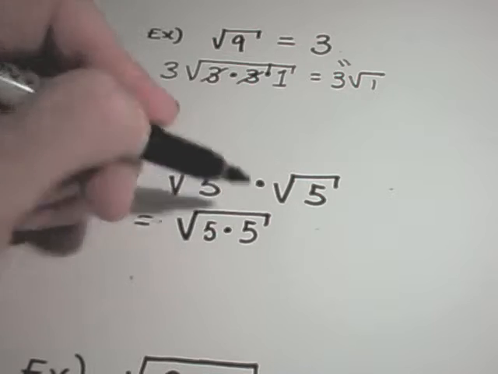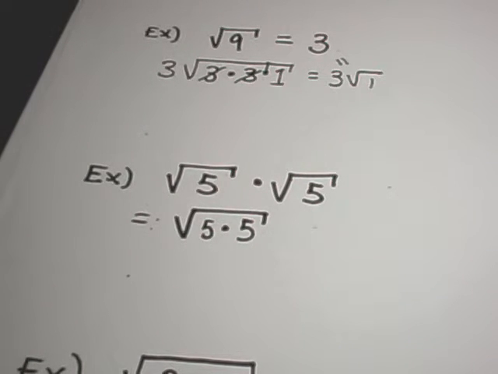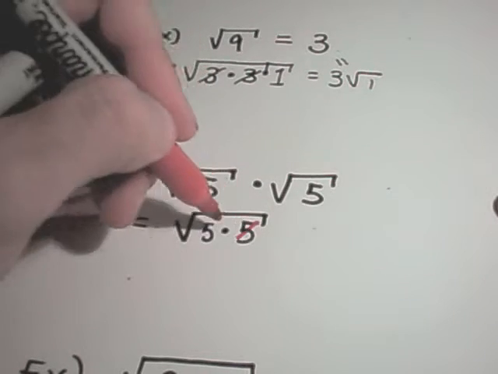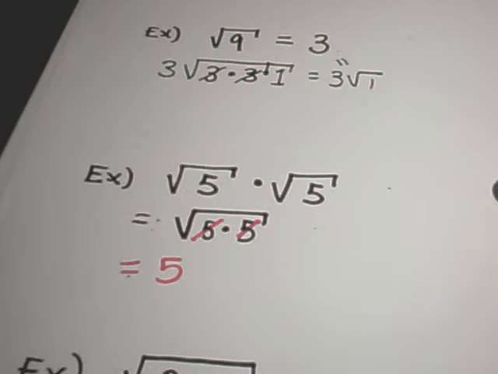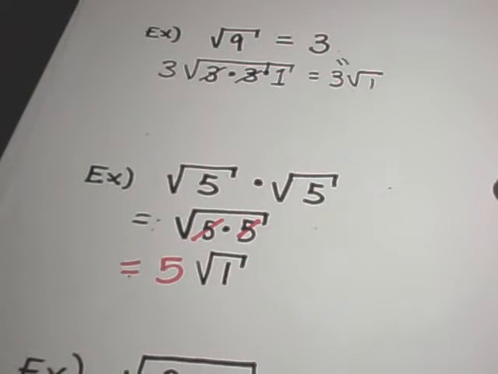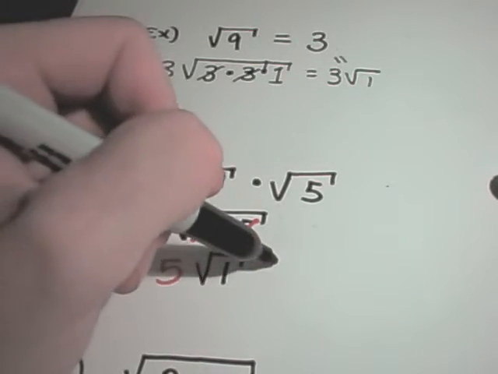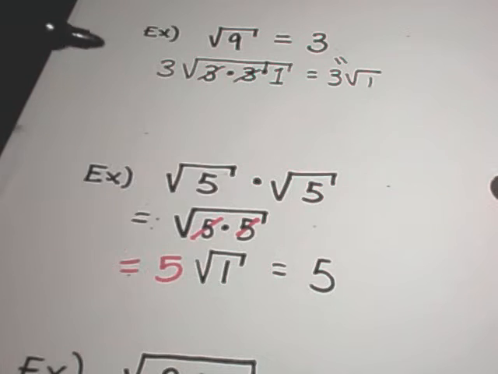The square root of 5 times the square root of 5. I'm going to use the same idea as before. I can cross out a pair of 5s and pull that out front as a single 5. And it's not like you're just left with 0 underneath. You're going to be left with just a 1, but the square root of 1 is just 1. So you get 5 times 1, which is 5.